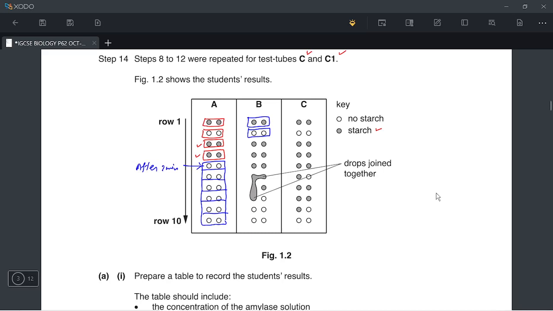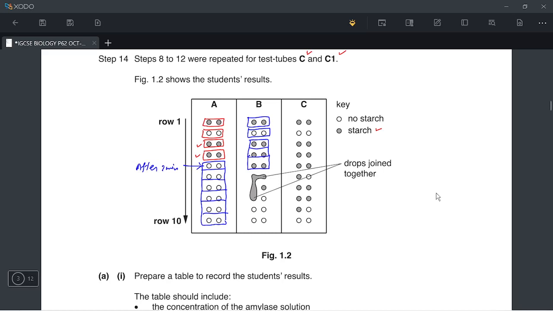Then we can see here row 3, row 4 and row 5. There is starch in these rows, okay. In rows 6, 7, 8, the drops join together, right?